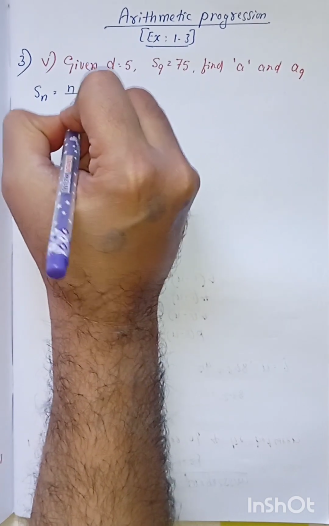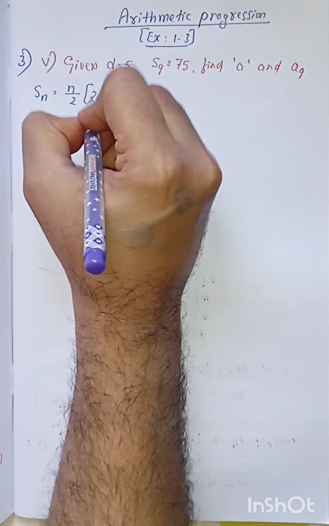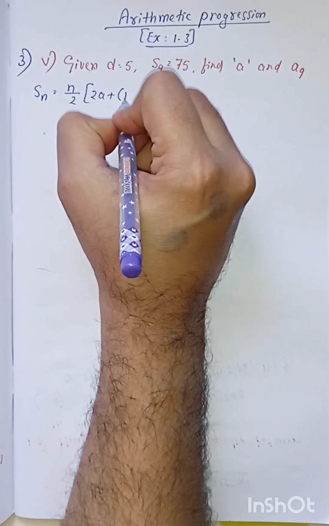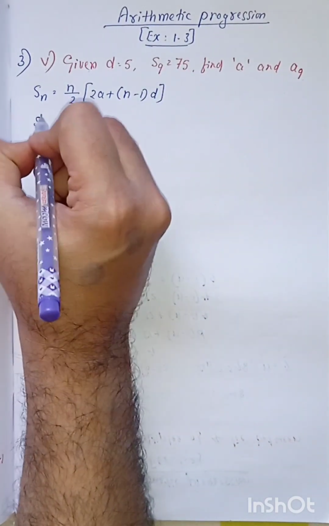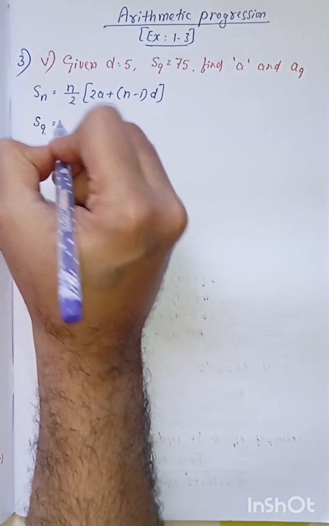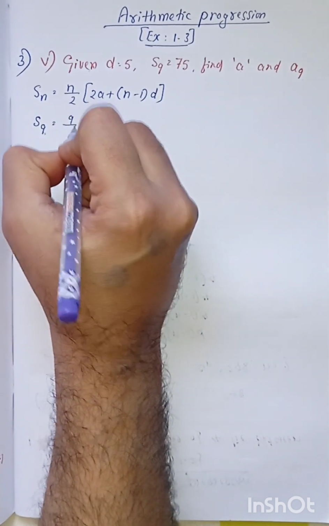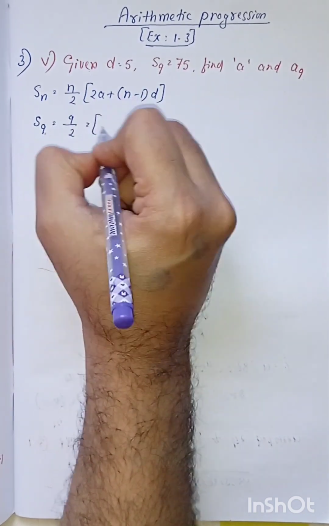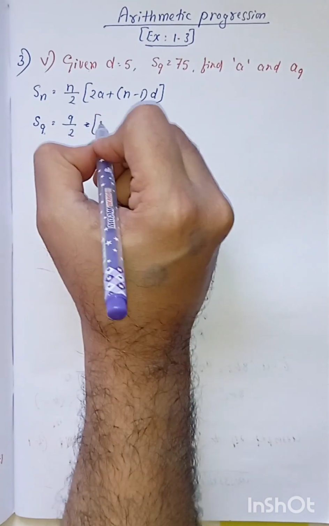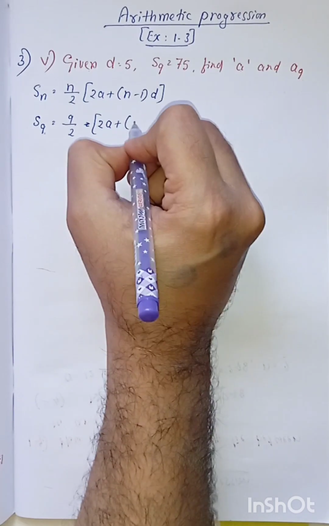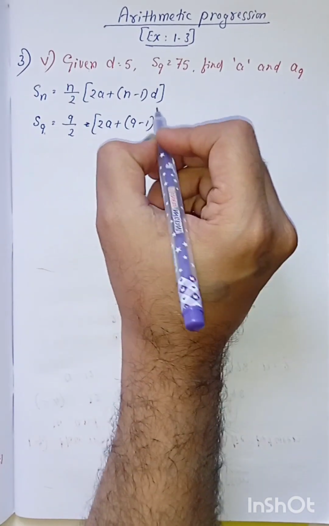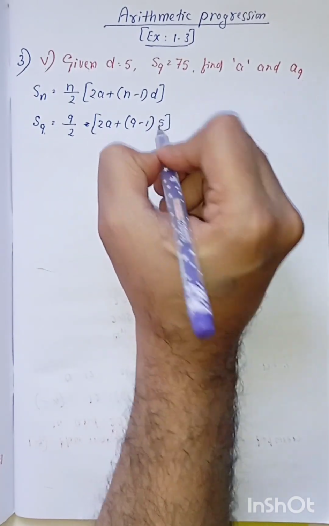Sn equals n by 2 into 2a plus n minus 1 into d. Now n means 9, so 9 by 2 into 2a, we have to find out, plus n means again 9 minus 1, and d means 5.